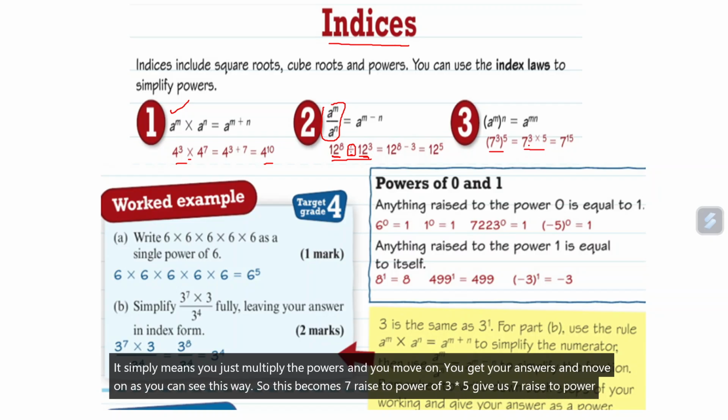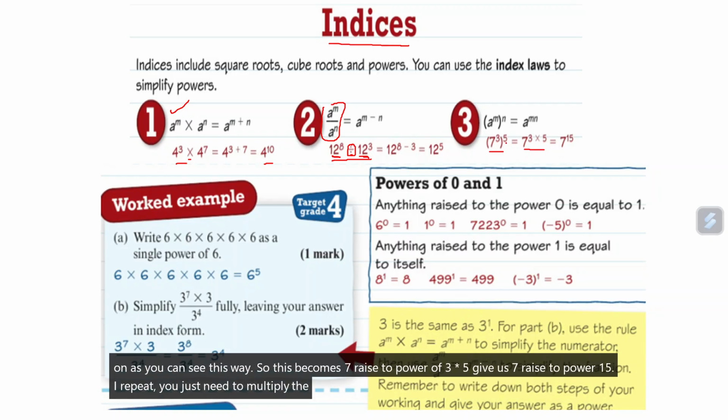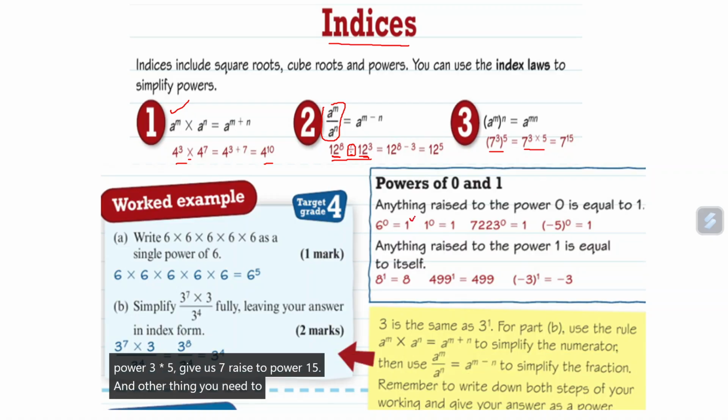I repeat, you just need to multiply the powers all together. Another thing you need to be aware of, just know that any number raised to the power 0 is 1.